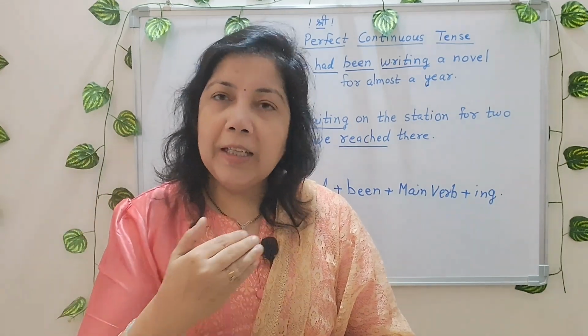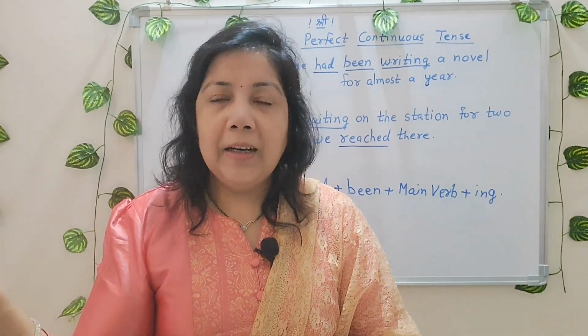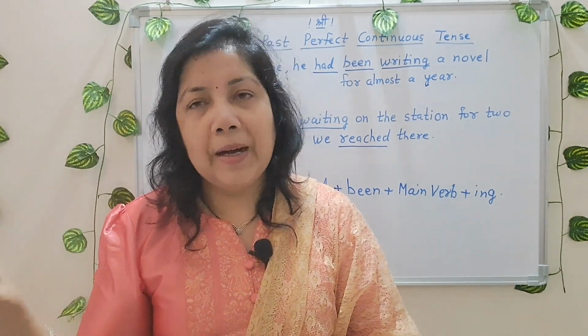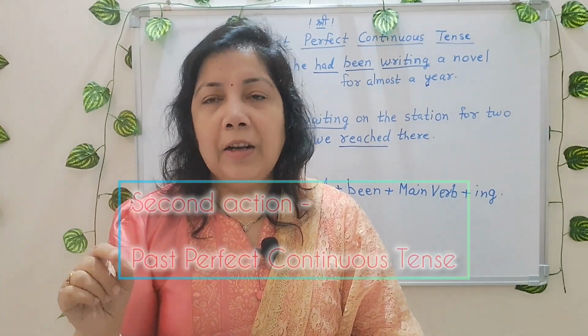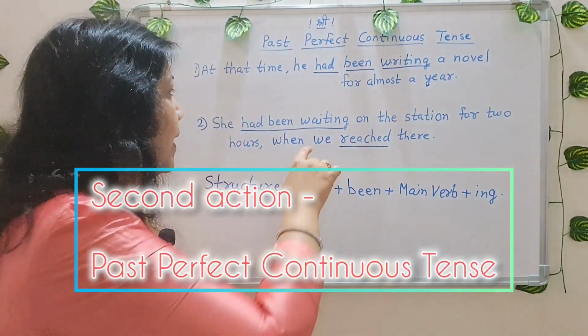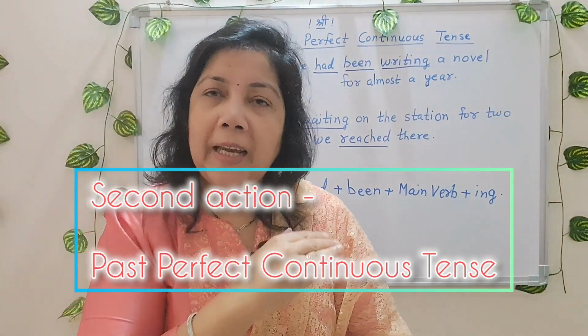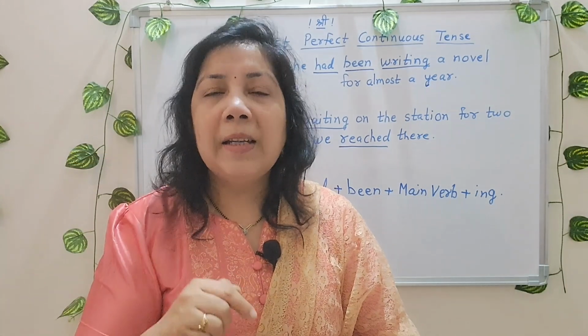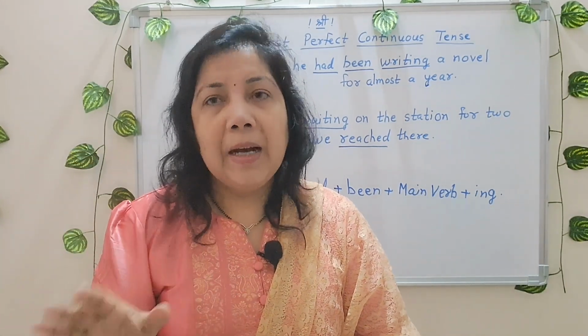So action had already started, had been in progress for 2 hours. She was waiting there. So it had been in progress in the past. That time we use past perfect continuous tense. So for this part, it is past perfect continuous because the action was taking place before and is in progress now when we are talking about, but it is in past.